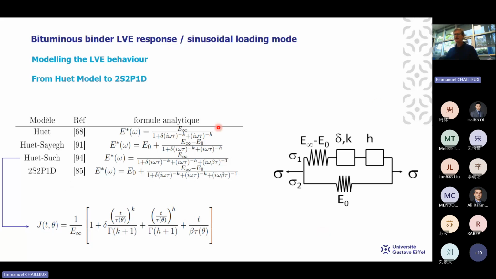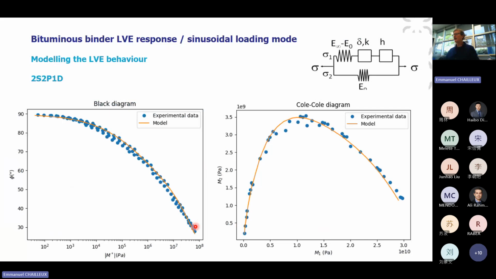And you will see here that this type of model allows us to perfectly model the linear viscoelastic properties of bitumen, and you can verify it in both the black diagram and also in the Cole-Cole diagram.